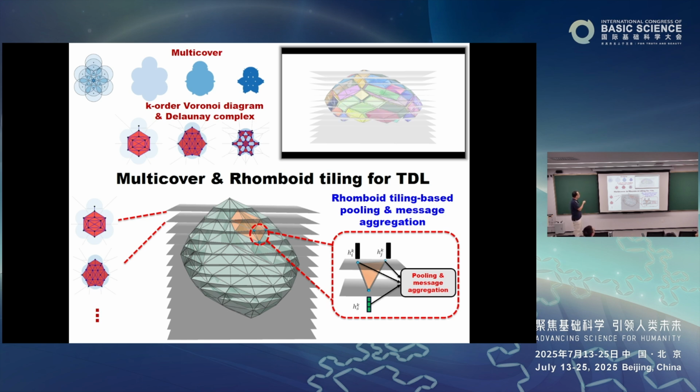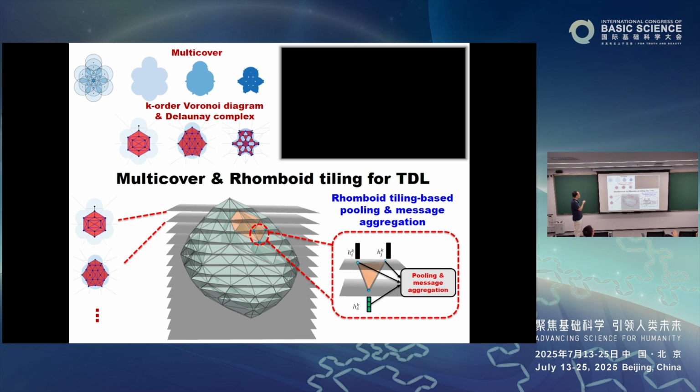But then what you can see is that I can decompose these things into different, what they call multi-cover representations. So here are the regions that have at least one ball, right? So this part, you have this ball, and then this part, you have a ball. And here, this is what we call the one-order cover.